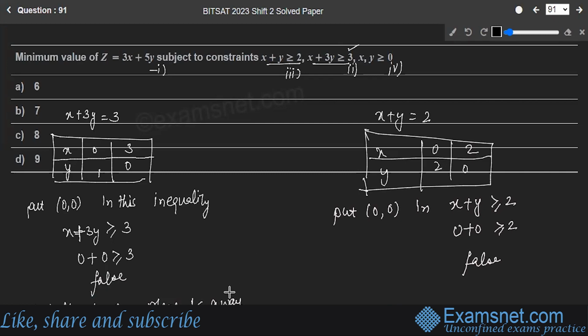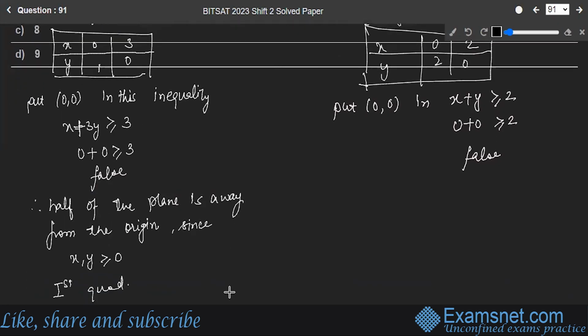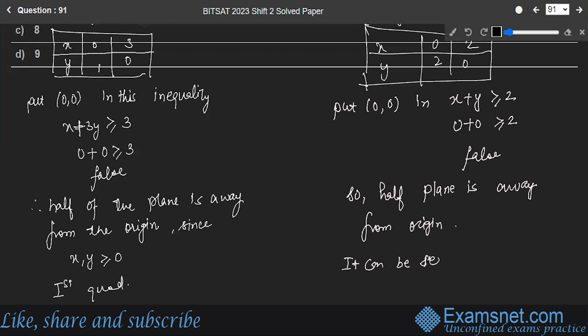That means the half plane is away from the origin. It can be seen that the feasible area is unbounded.